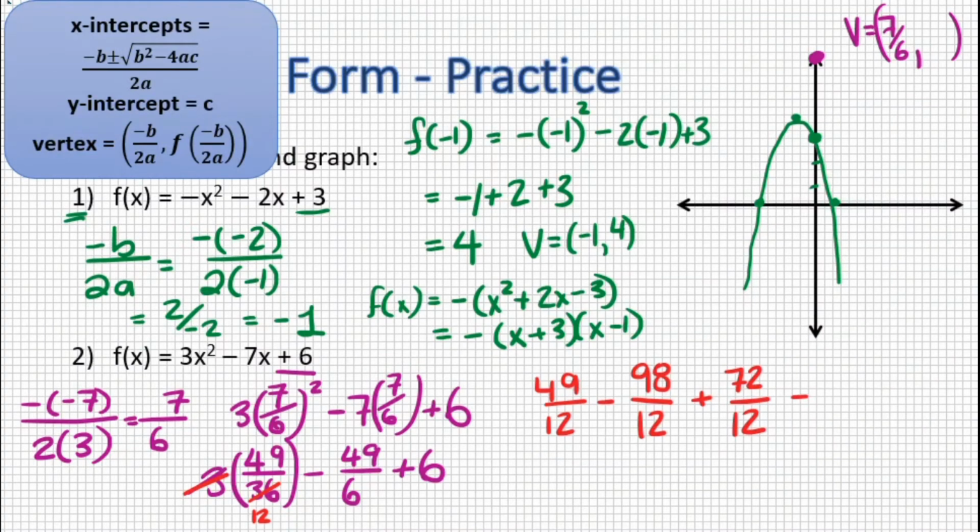That will give me just shy of 2. Gross. And if we're going to plot that one, so slightly more than 1, slightly higher than 2, here's my vertex.